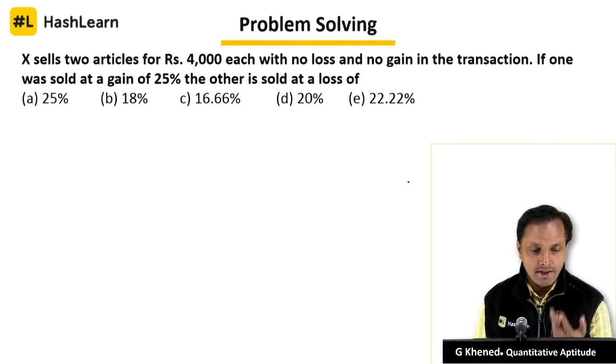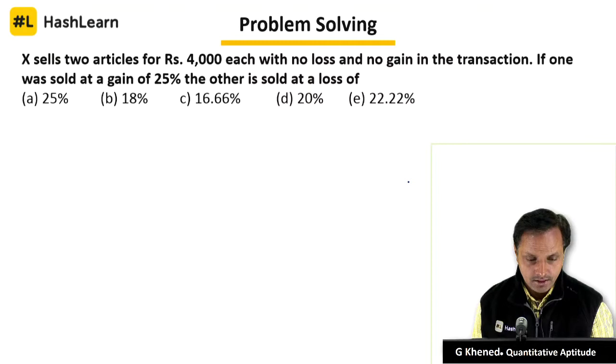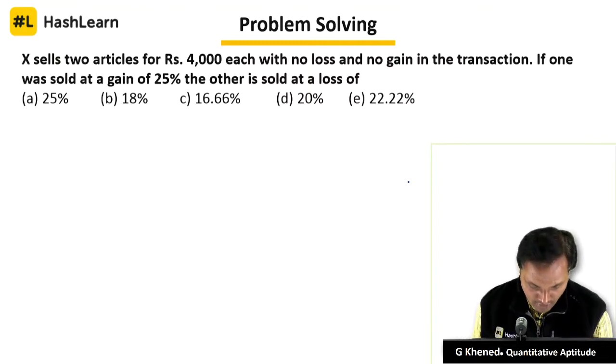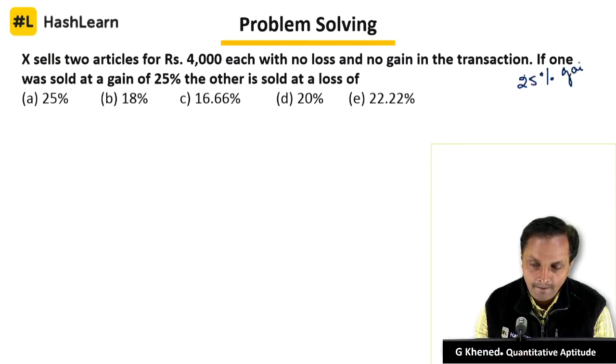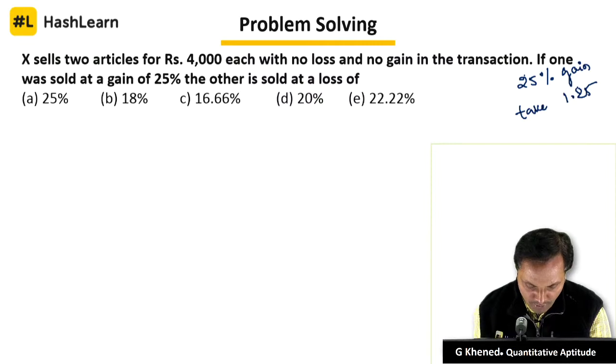If one was sold at a gain of 25%, how will you calculate 25% gain? I told you, take it as 1.25, 100 plus 25.